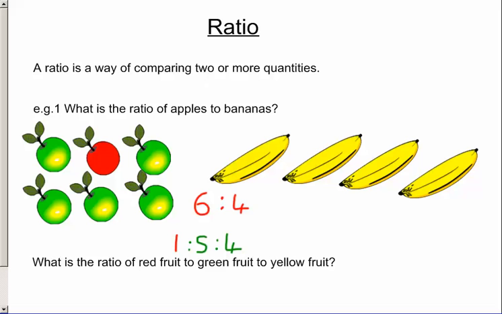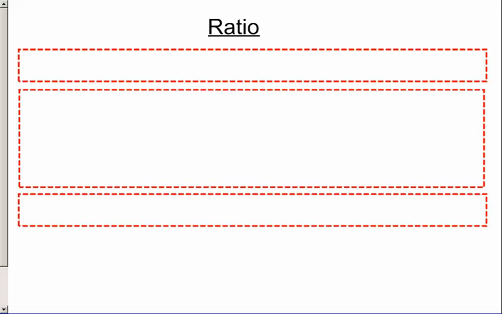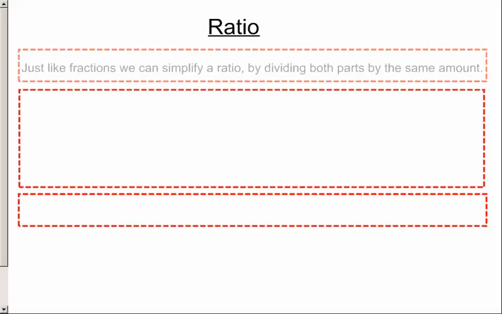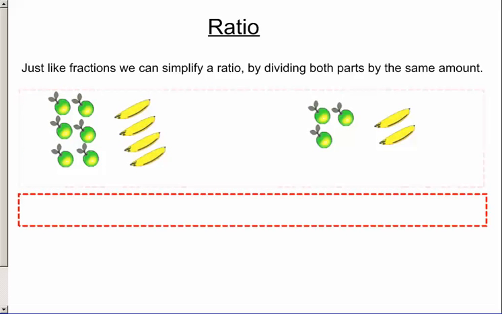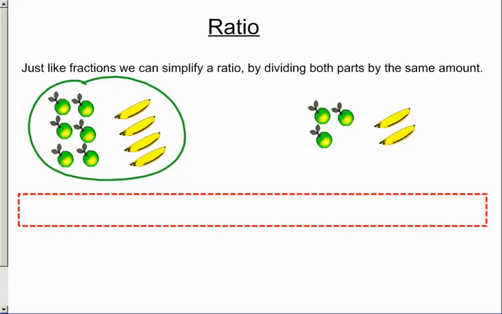We can also simplify ratios, just like a fraction, by dividing both parts or all 3 parts by the same amount. Now, for it to be the same ratio, it must be divided by the same amount. Looking at our example of apples and bananas, on the left-hand side, this was the example we had before, for every 4 bananas we have 6 apples.